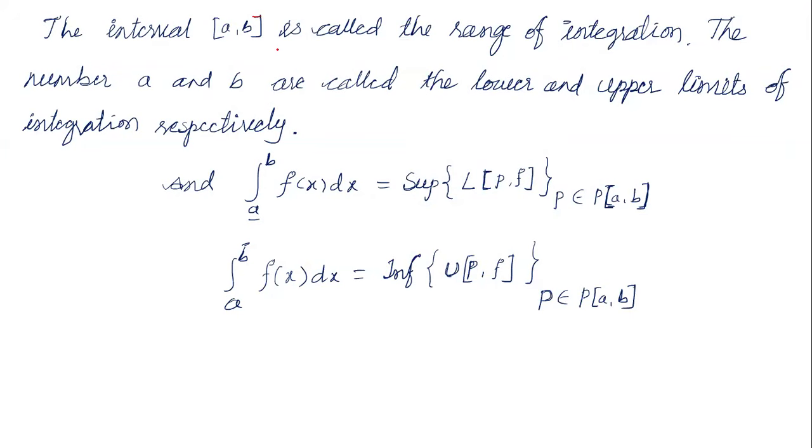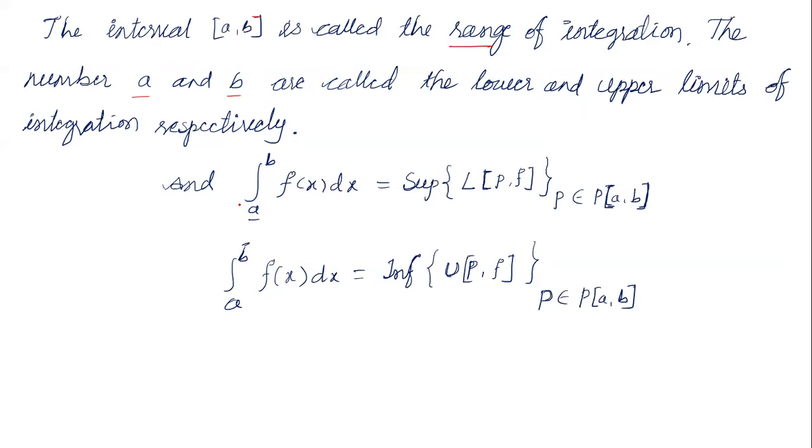The closed interval [a, b] is called the range of integration. The numbers a and b are called the lower and upper limits of integration respectively.